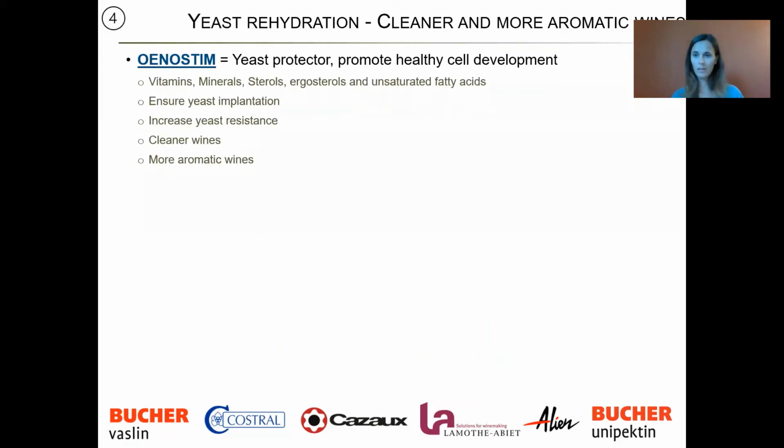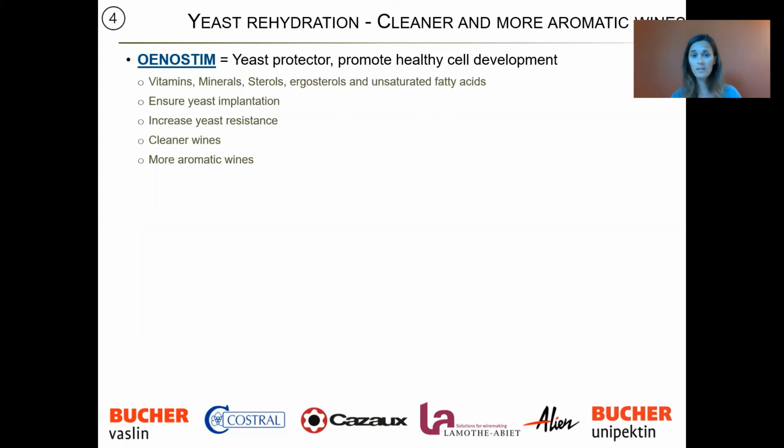I want to show this to you in some graphs. Lamothe-Abiet developed Enostim. Enostim is our yeast protector, a rehydration nutrient that we use to promote healthy cell development. It is mostly minerals, sterols and vitamins.